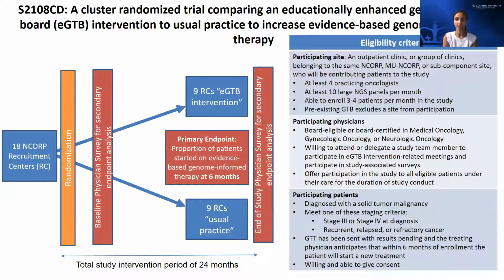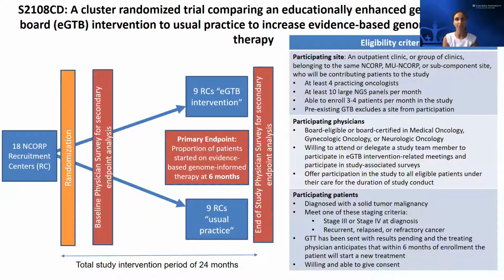Those recruitment centers randomized to the intervention will have access to a structured GTB as well as supporting educational materials for their physicians. All of the patients enrolled at a recruitment center on the intervention arm will be presented at the structured tumor board. In the control arm, the recruitment centers will continue with their usual practice.